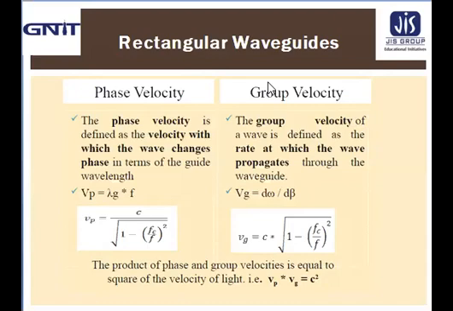The group velocity of a wave is defined as the rate at which the wave propagates through the waveguide, that is Vg equal to d omega by d beta, and the product of the phase velocity and the group velocity is equal to the square of the velocity of light, that is Vp into Vg equal to c square.